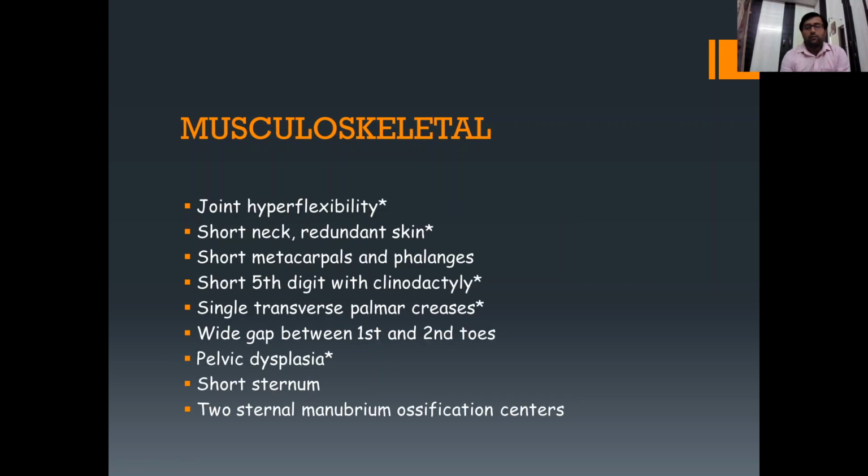What musculoskeletal features are there? Joint hyperflexibility, short neck, redundant skin, short metacarpals and phalanges, short fifth digit with clinodactyly, single transverse palmar crease, okay, wide gap between first and second toes, pelvic dysplasia, short sternum, two sternal manubrium ossification centers.